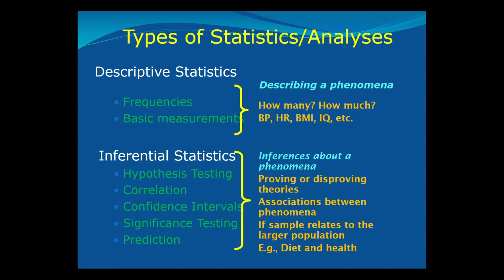We use inferential statistics methods to prove or disprove theories, to describe associations between phenomena, and to understand if a sample relates to the larger population or not. The example is a relationship between diet and health.